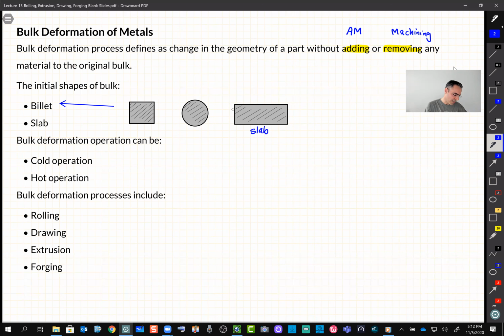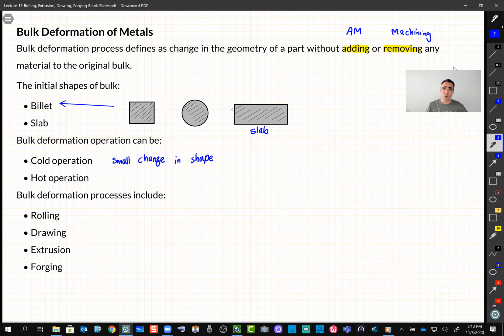In general, we say cold operation is good for small parts, or a small change in shape. If you are changing a few millimeters or maybe a few centimeters, depending on the original size, maybe the cold process is the way to go.